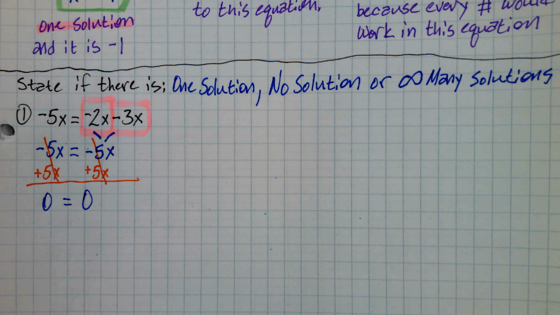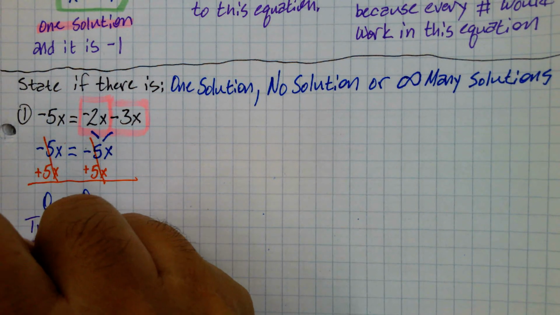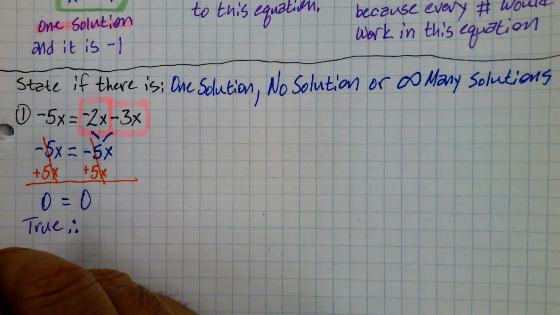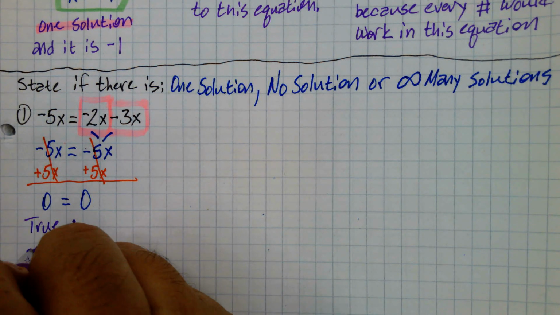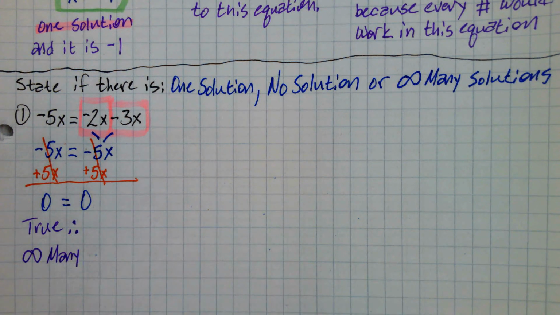And if it's 0 equals 0, it's true. This is true. Therefore, infinitely many solutions.